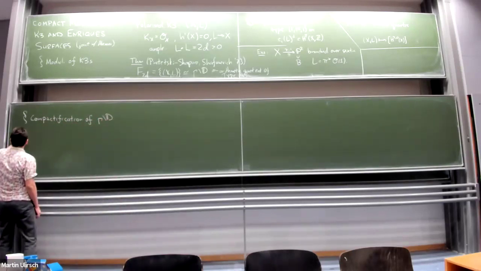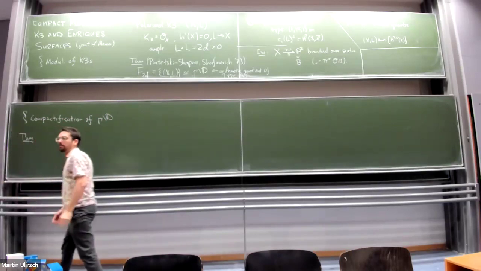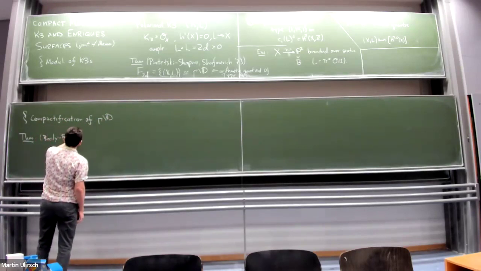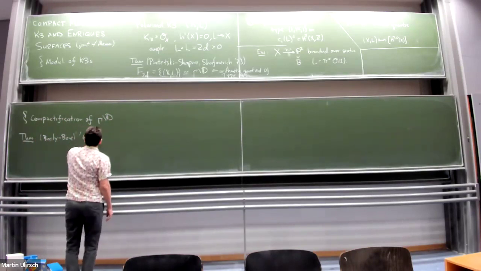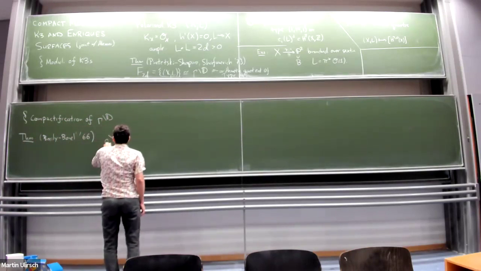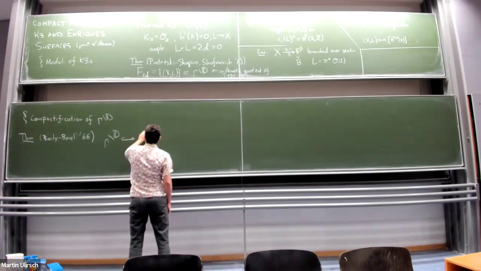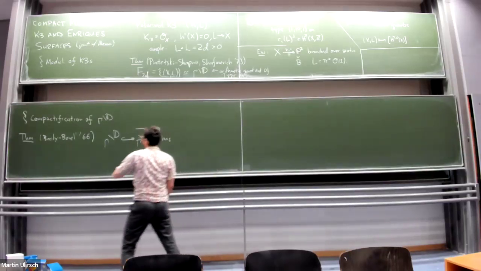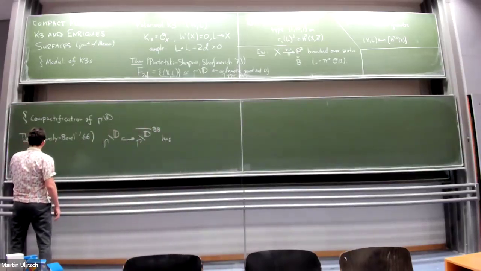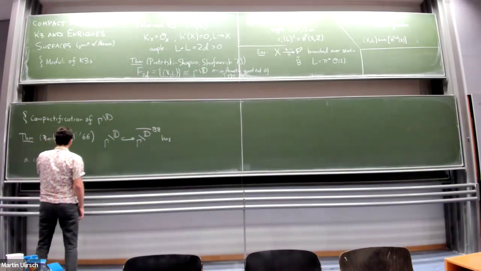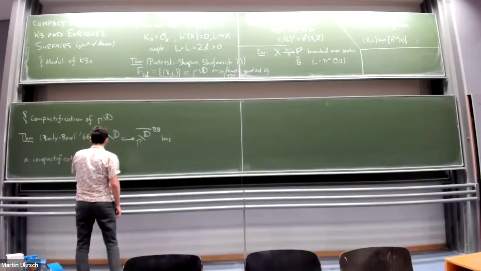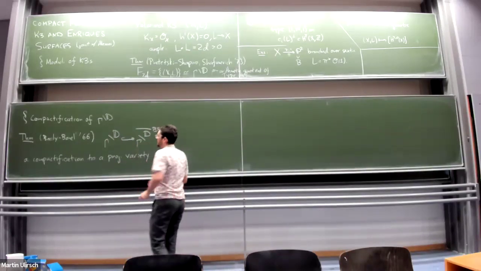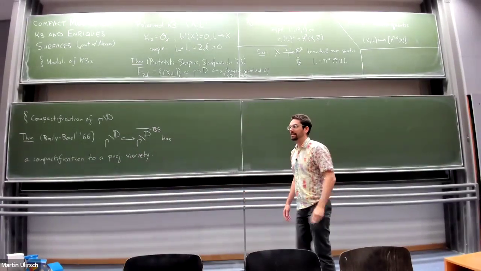The story of compactification starts with the theorem of Baily-Borel from 1966, which says that this arithmetic quotient has a canonically defined compactification to a projective variety. And so in particular, this D mod gamma is quasi-projective.